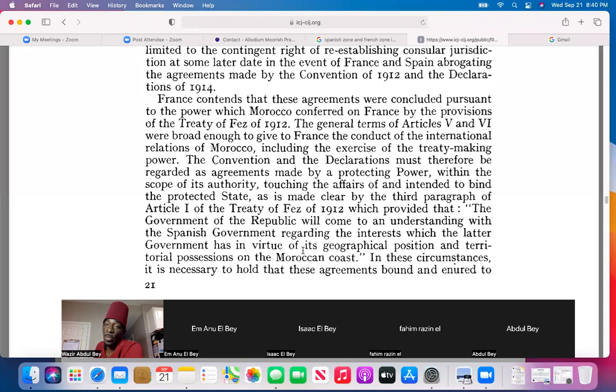The general terms of Articles 5 and 6 were broad enough to give to France the conduct of the international relations of Morocco, including the exercise of the treaty-making power.